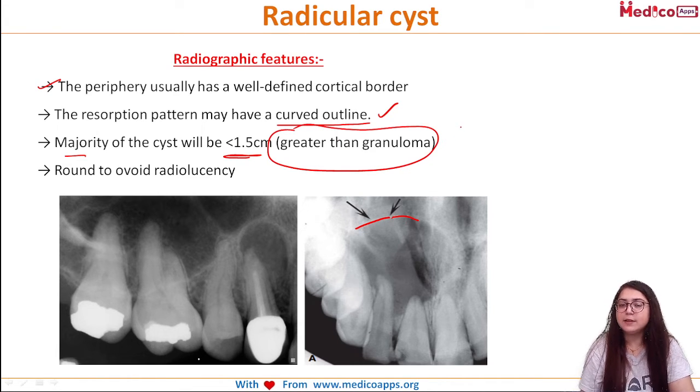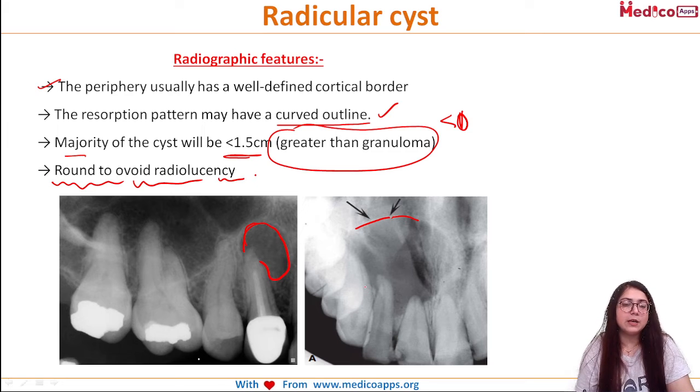On the other hand, granuloma is generally more than 0.5 and less than 1.5 centimeter. But cyst is always larger than granuloma. Now the cyst will be round to ovoid radiolucency. See here, right? So this is the radicular cyst.